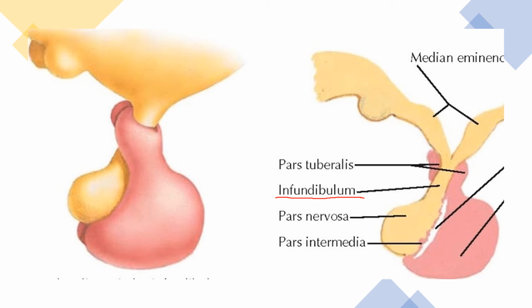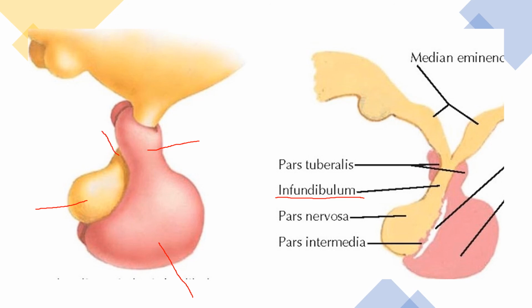So like this, we can see the whole part of the mature pituitary gland here. This part is called the anterior lobe of the pituitary gland, and this one is the pars tuberalis, and this is the posterior lobe of the pituitary gland, and this one is the infundibular part.